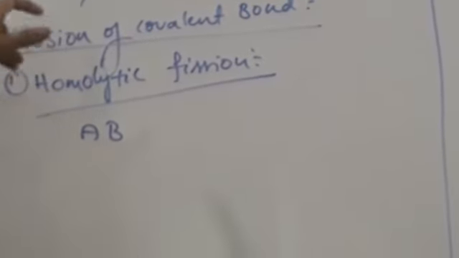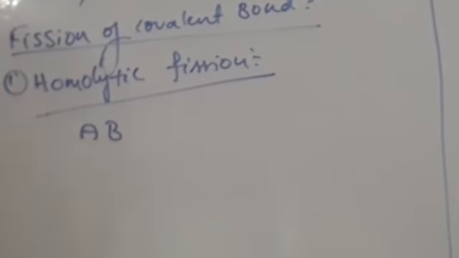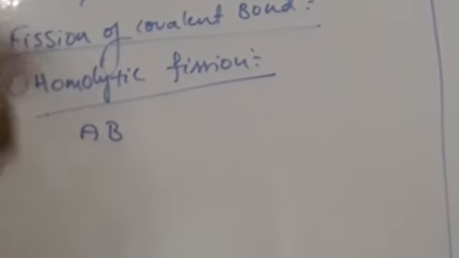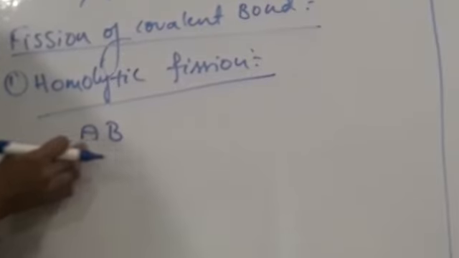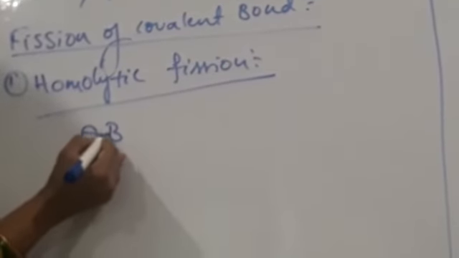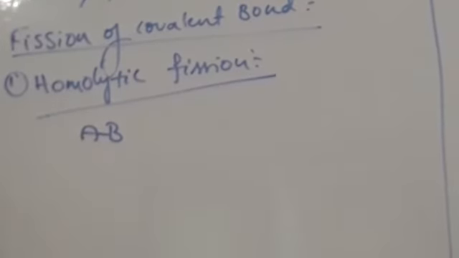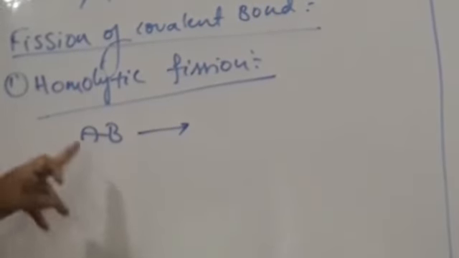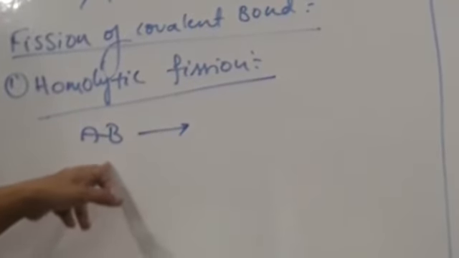In homolytic bond fission, each atom separates with one electron. Due to the fission between A and B, for example a single covalent bond is present between A and B, and a single covalent bond is equal to a pair of electrons. During homolytic fission, each atom separates with a single electron.